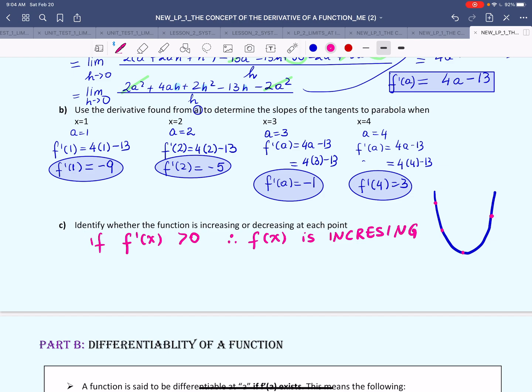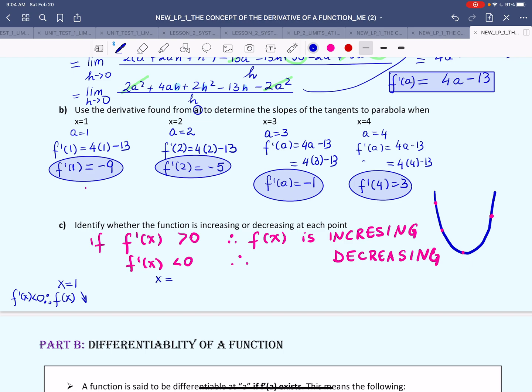And if f prime x is negative, then f of x is decreasing. Which means that at x equals 1, f of x will be decreasing. Why? Because f prime was negative.